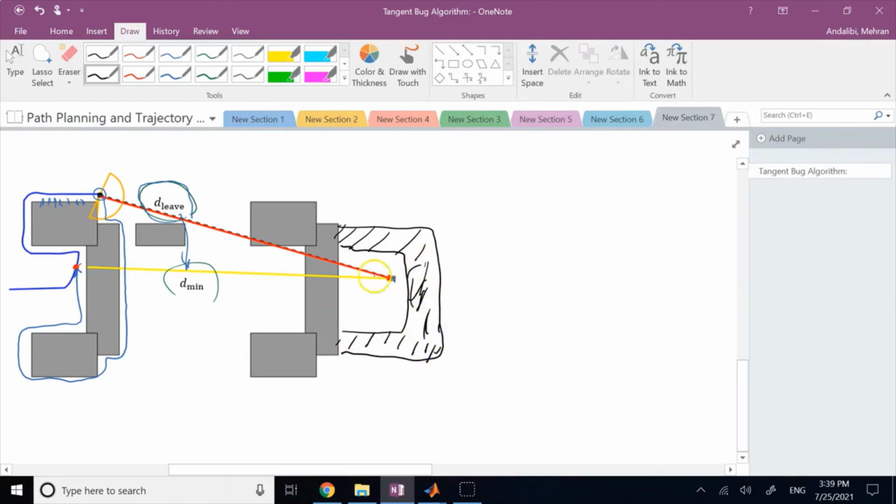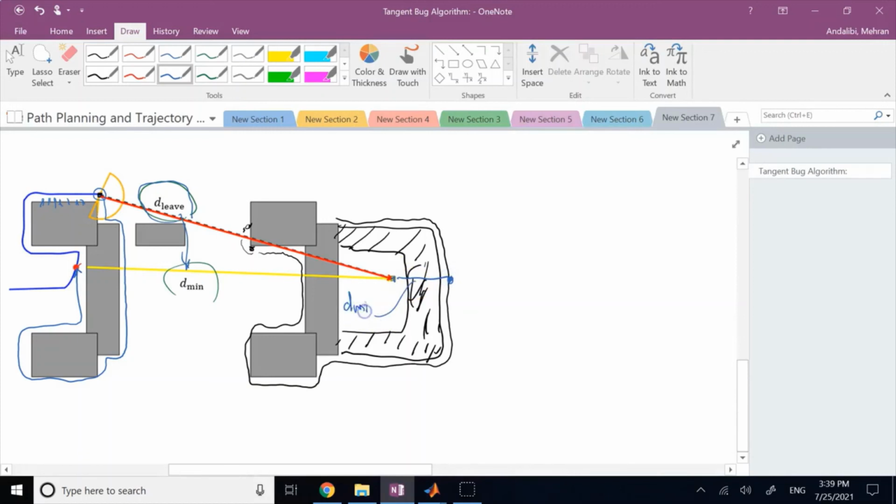then wherever you come, right? So let's say you come here and you sense this point and this point, and you decide this point is closer, so you go this way and then try to do the wall following. At some point you probably measure some minimal distance like this.